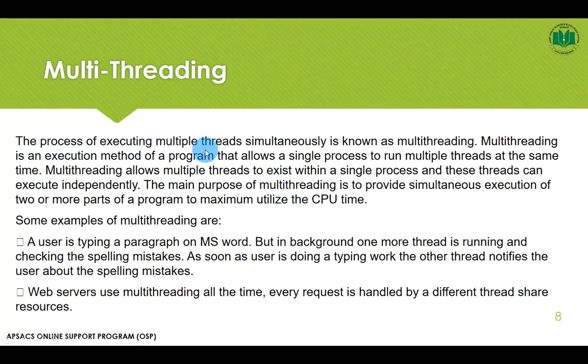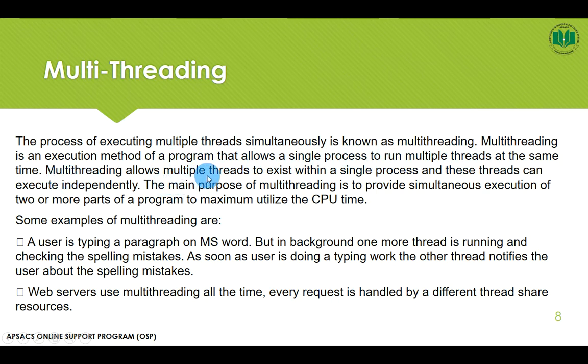The process of executing multiple threads simultaneously is known as multithreading. This is the definition. You have to remember that the process of executing multiple threads simultaneously is known as multithreading. Multithreading is the execution method of a program that allows a single process to run multiple threads at the same time.